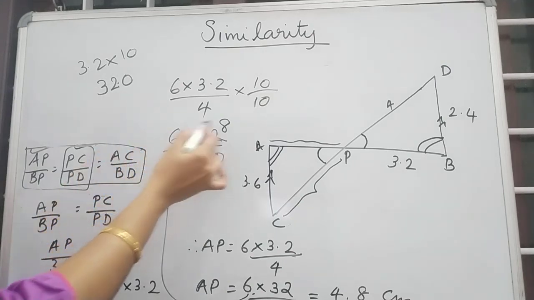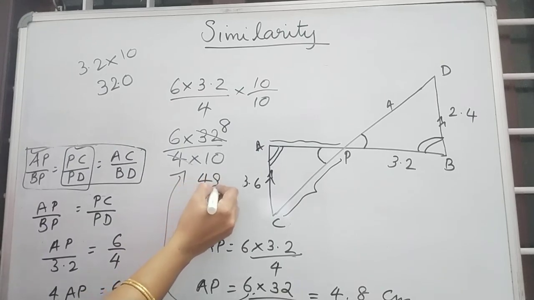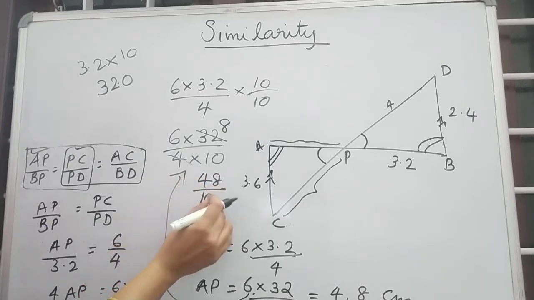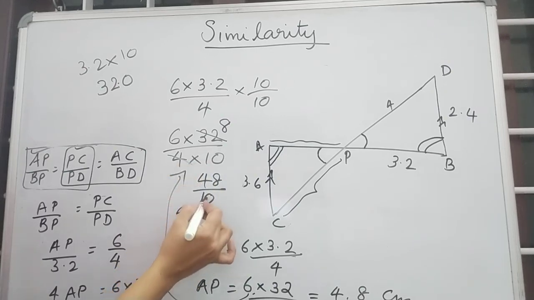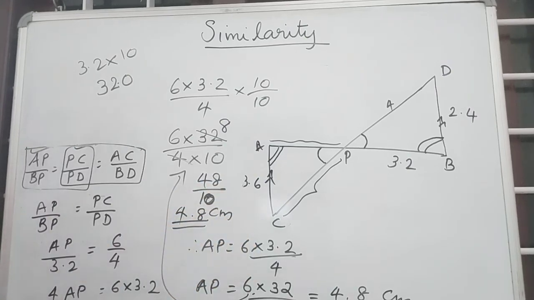Then 6 into 8 is 48. 48 divided by 10, we can remove one decimal place. That is an easy way, no? So 4.8 centimeter is the value of AP. Thank you.